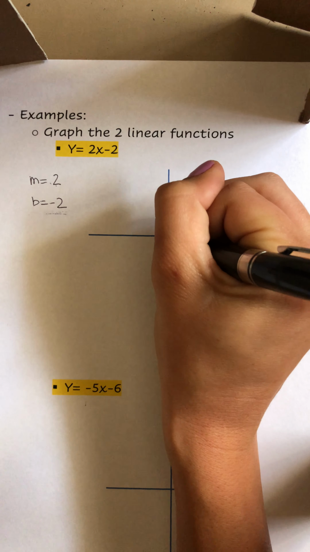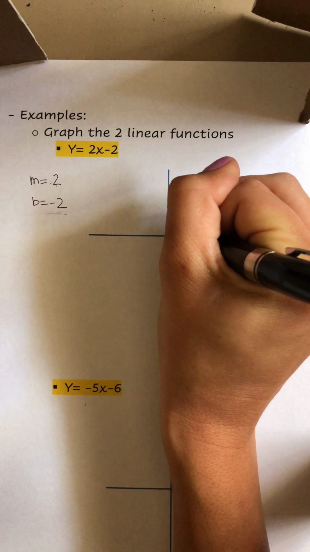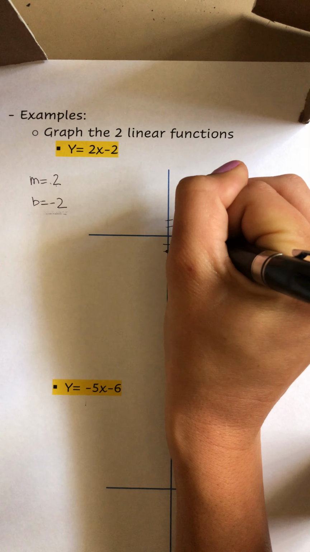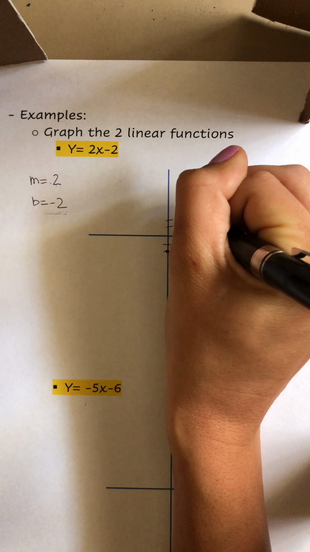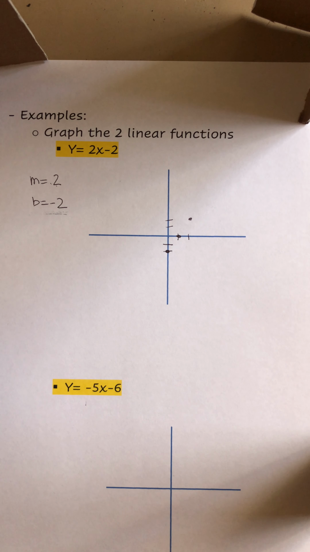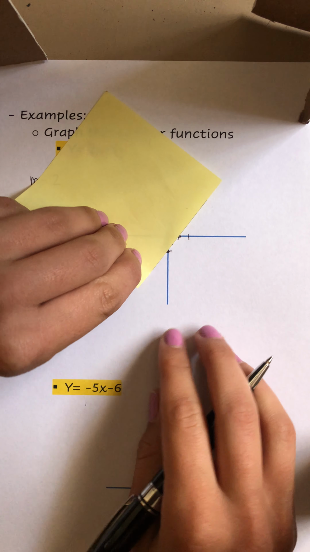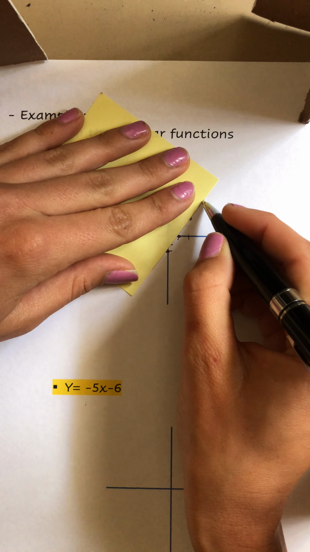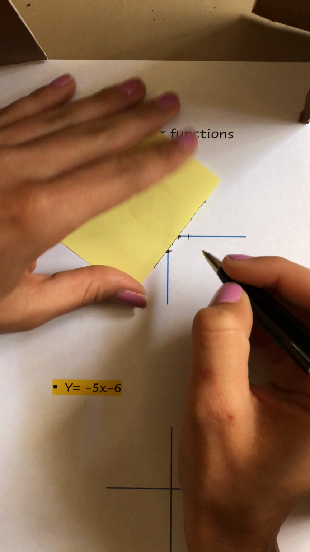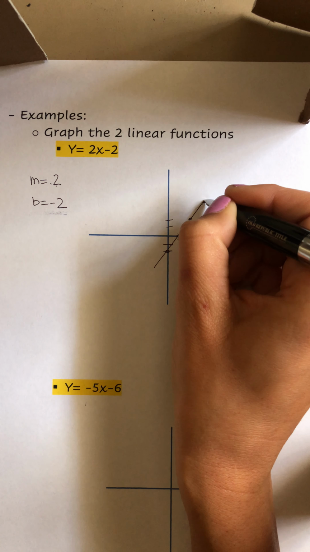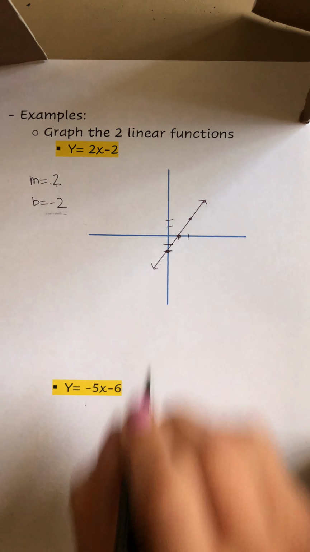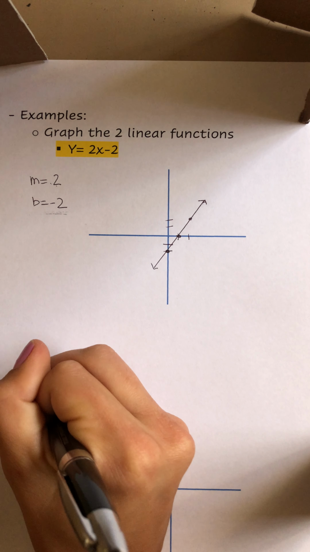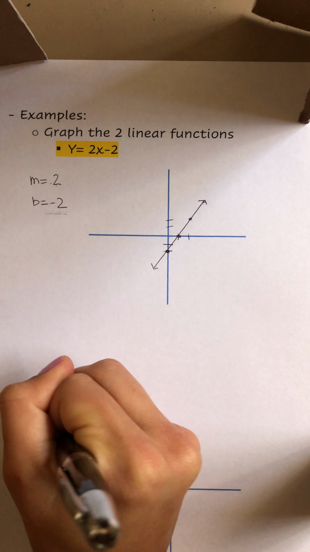So we're going to be going up 2 over 1. Up 2 over 1, just like so. So then our graph should look something like this. Just like that.